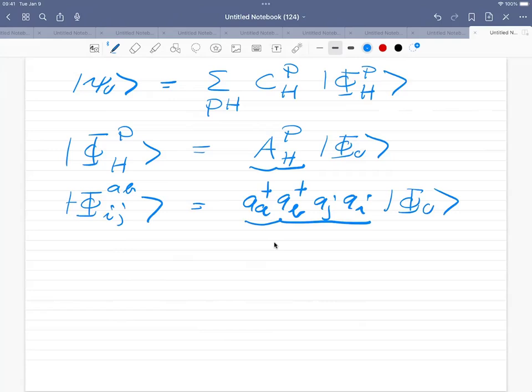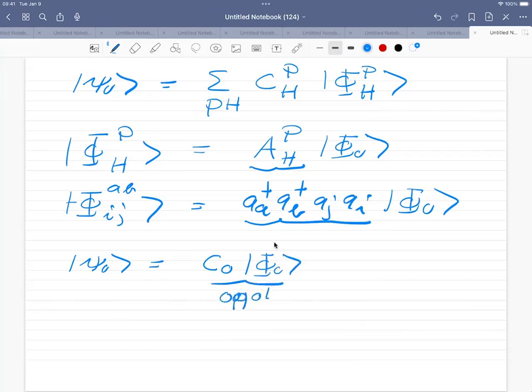So that means that if we want to be more explicit, what we would have then would be a sum. And now I'm going to set up the 0-particle 0-hole case. So C0, 0. I'm just going to write that as C0. So this is the 0-particle 0-hole case.